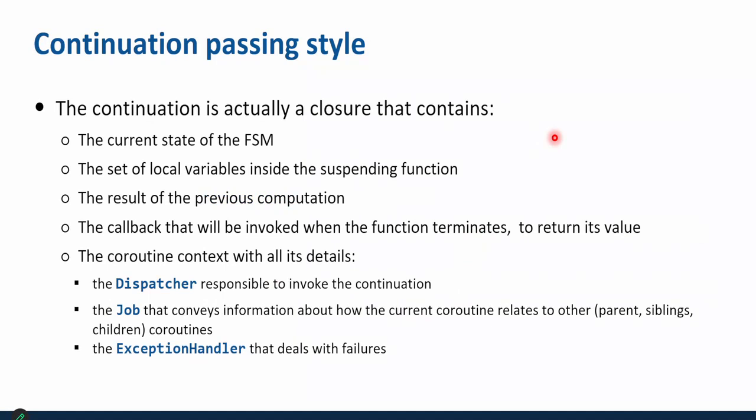So what to remember is that in the coroutine world, with the continuation passing style implementation, the continuation is actually just a closure that hosts the coroutine's current state, which is the last execution point or the last address you may link back to your knowledge, the set of local variables that will be needed inside each suspension method, the results of previous computations, which may not be the same thing, and the callback that should be invoked when the sprint terminates.